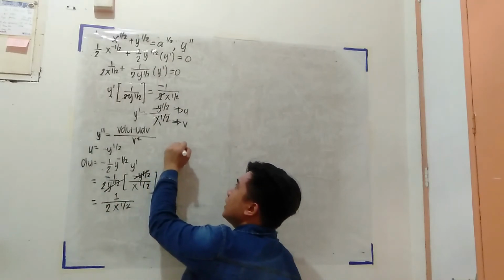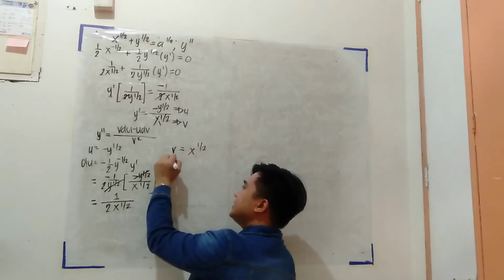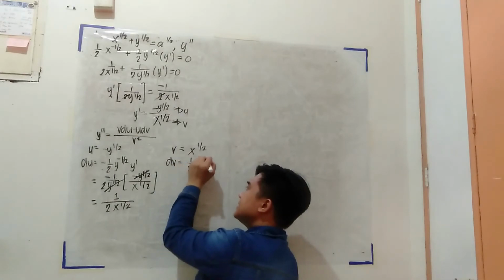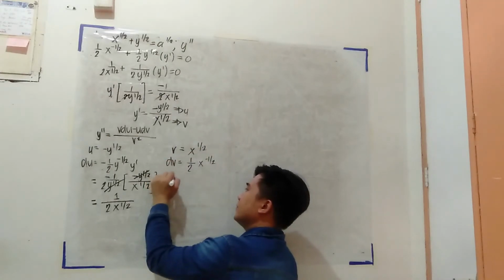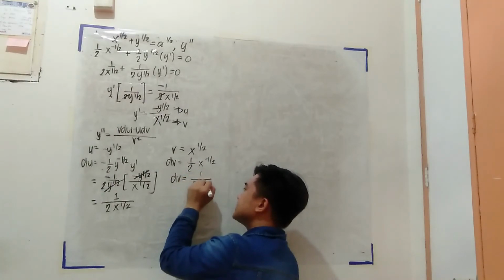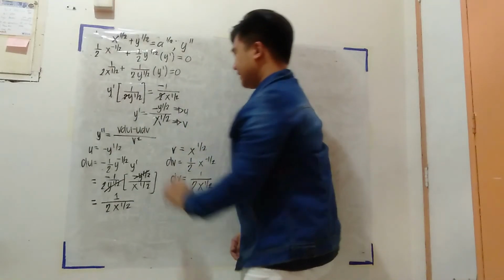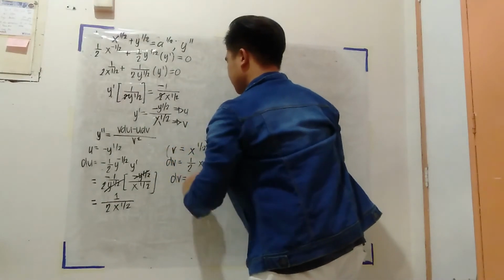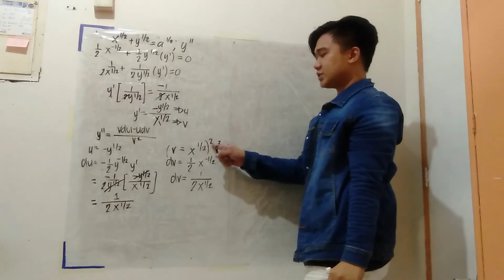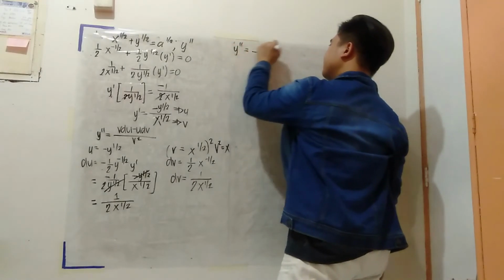Then, v. Your v is equal to x raised to 1 half. Your dv is equal to 1 half x raised to negative 1 half, or simply, your dv is equal to 1 over 2 x raised to 1 half. Okay? And then, if I square this, v squared is equal to x, because 1 half times 2 is 1. So, I set up y double prime.